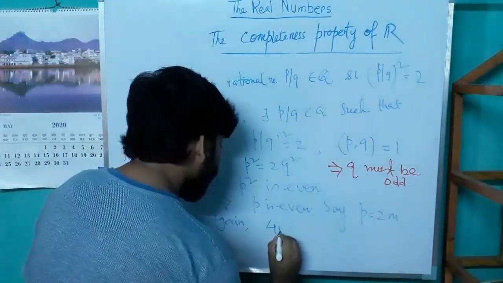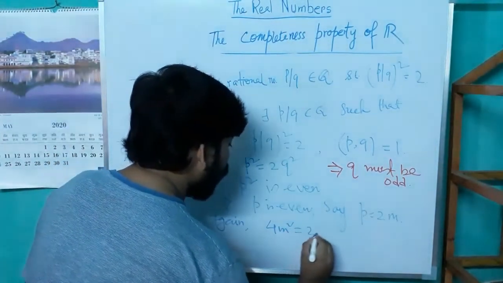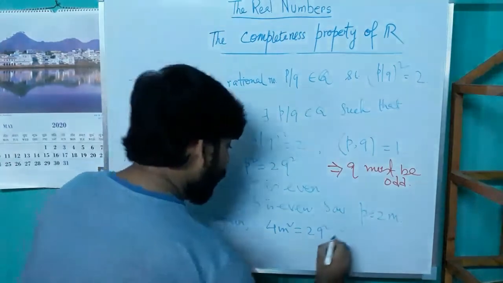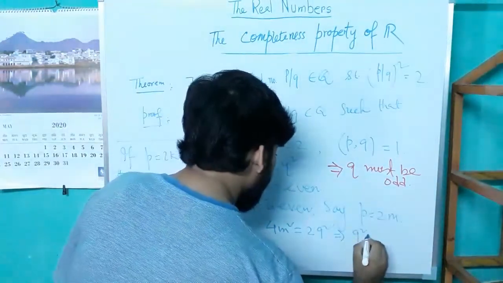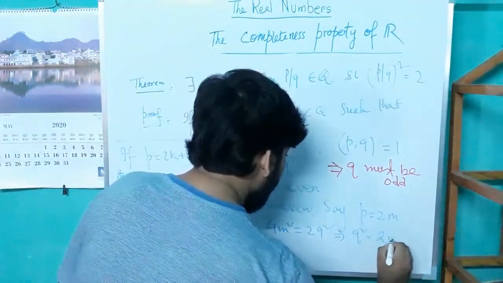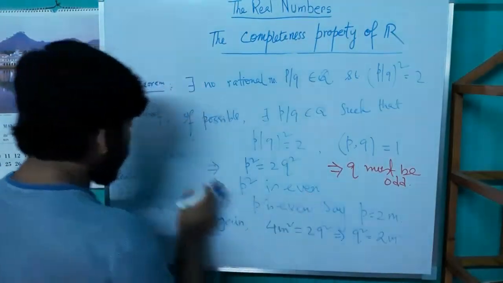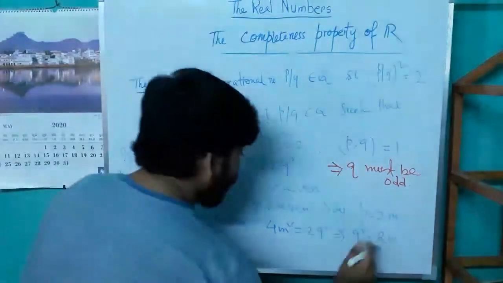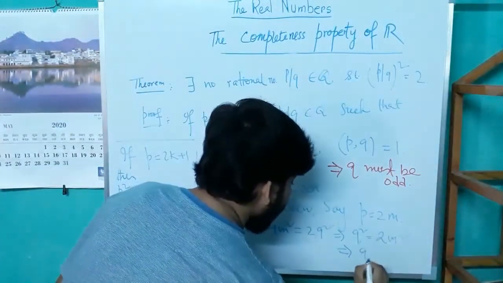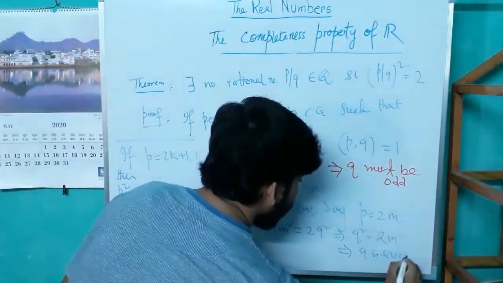So 4M square equals 2Q square, that is, Q square equals 2M square, that is, Q square is even, and by the same logic Q is even.